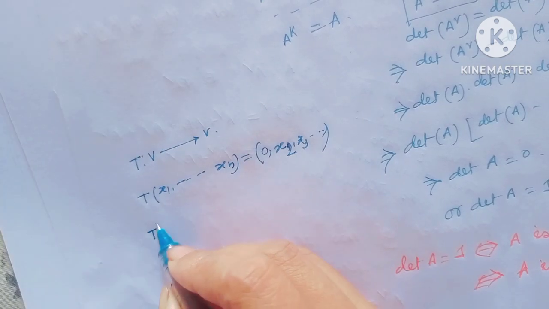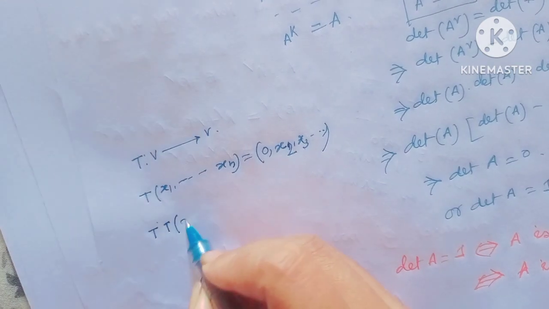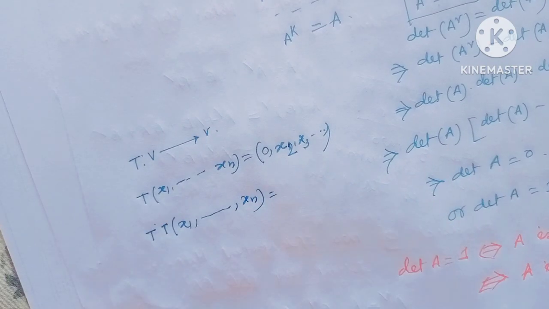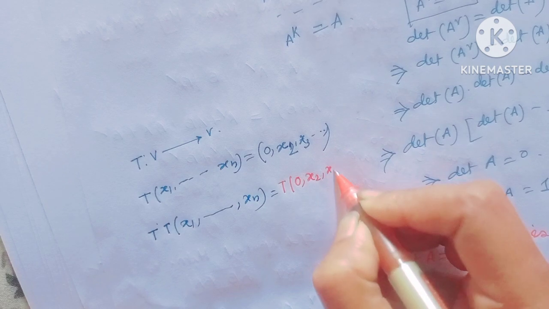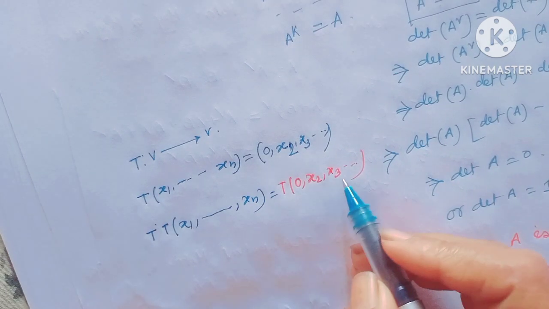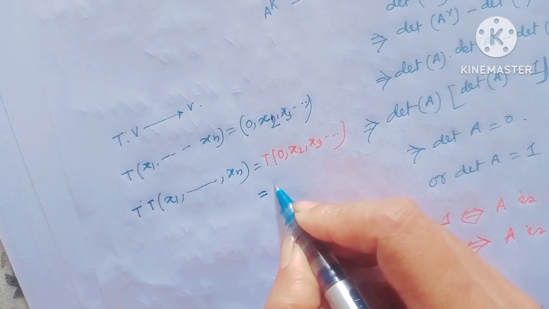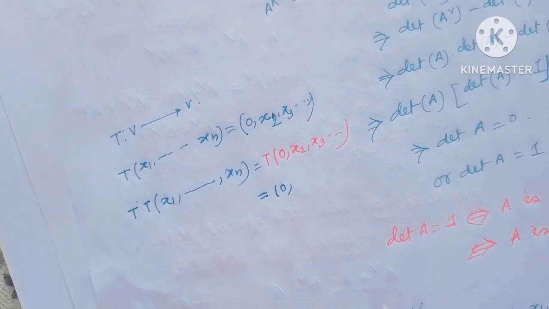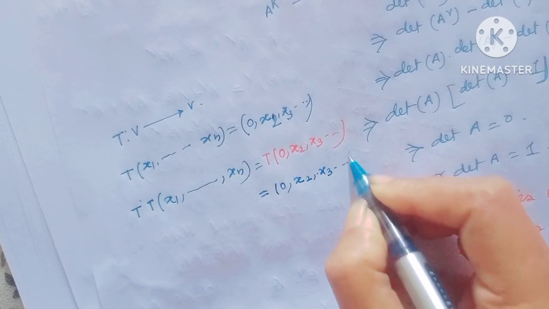Then T square of (x1 up to xn) means T of (0, x2, x3 and so on), which means (0, x2, x3 and so on).